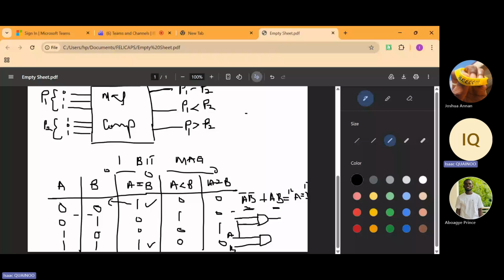So let's do that properly. We use a NOT gate right here, and then we pick A from here, invert it, and then we get A bar.